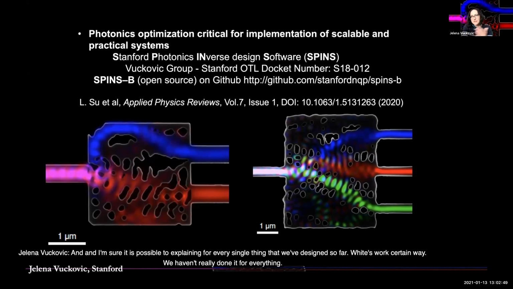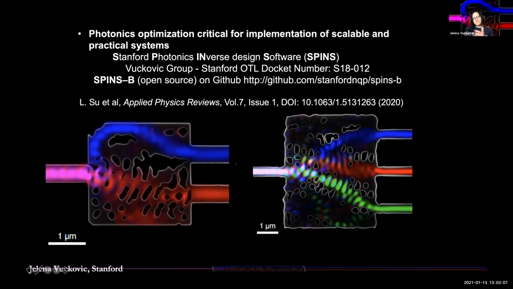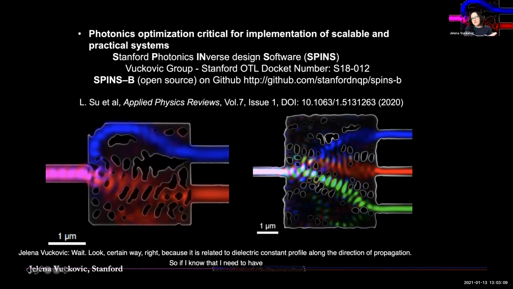And I'm sure it is possible to explain it for every single thing that we've designed so far, why it works a certain way. We haven't really done it for everything, but we have been looking more recently, in particular in the context of initialization that was asked in the previous question, at trying to explain why it looks a certain way.